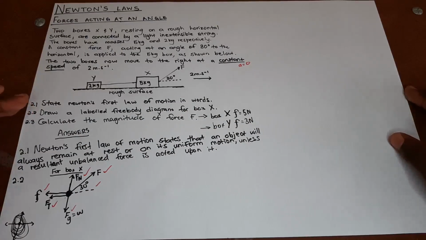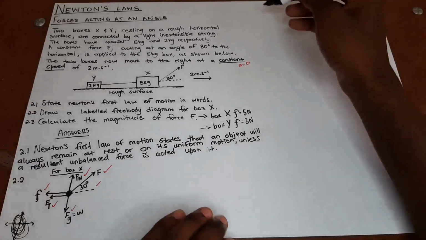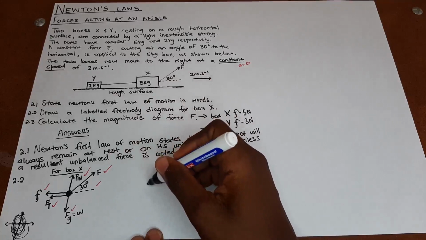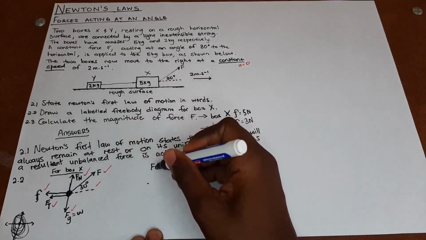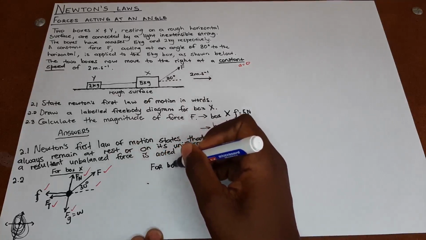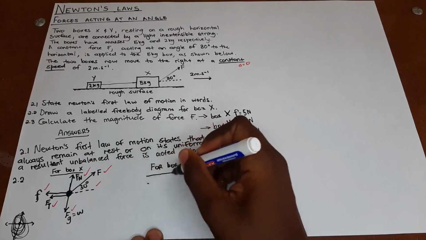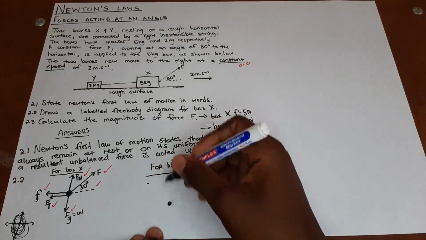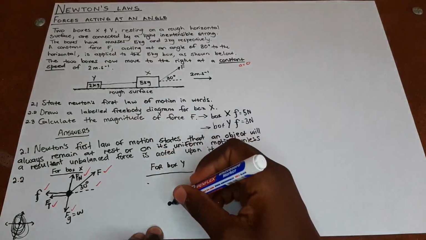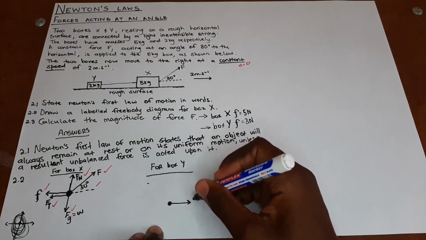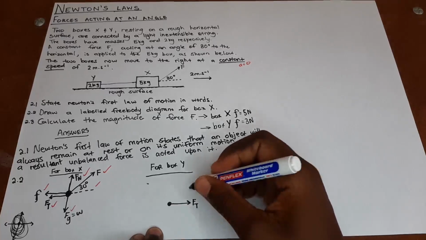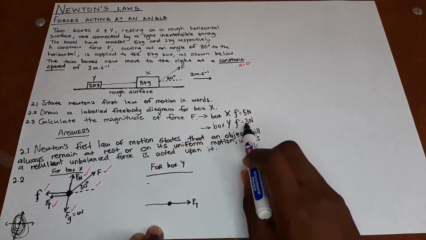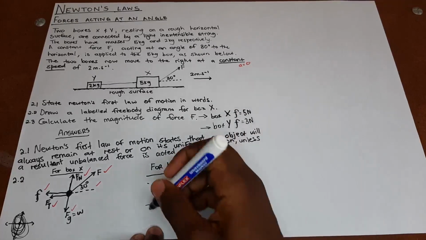So let's move to 2.3. Let me draw a free body diagram also for box Y. So for box Y, you have your tension force that is moving it forward, and you have your friction, because they mentioned that box Y has a friction of 3 newtons.